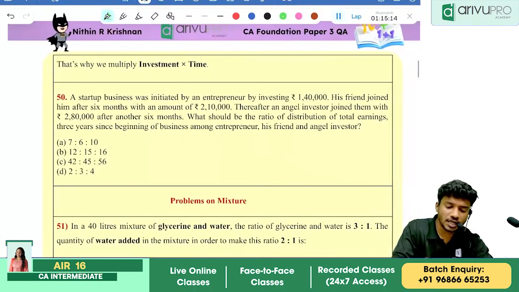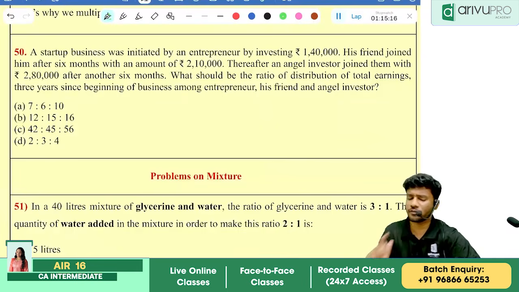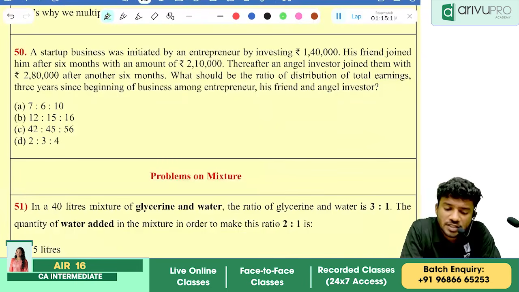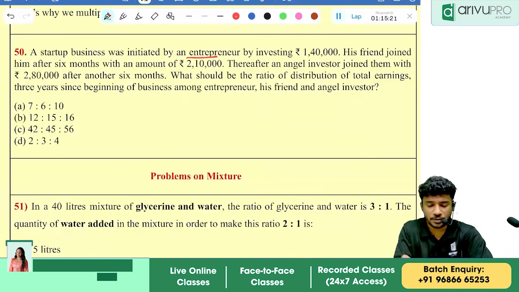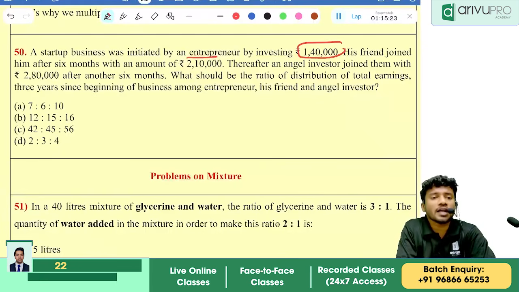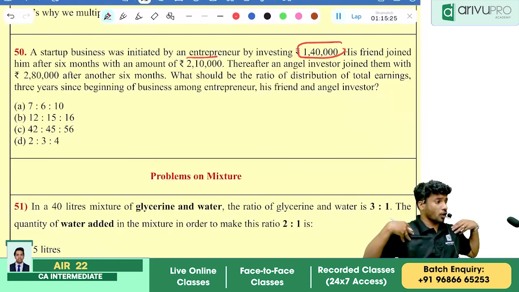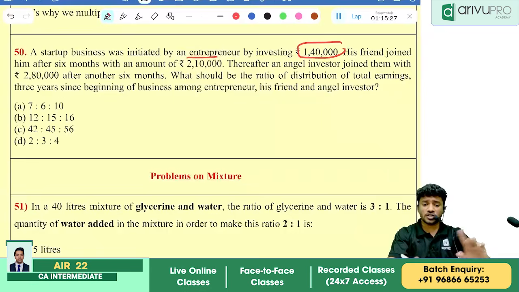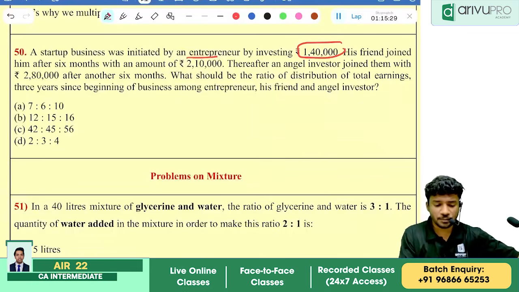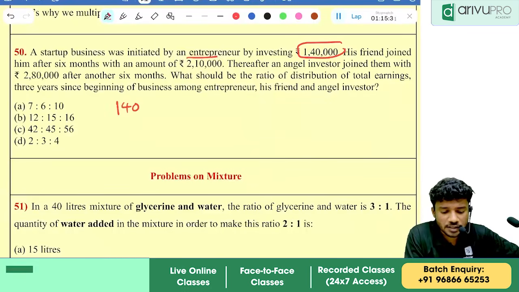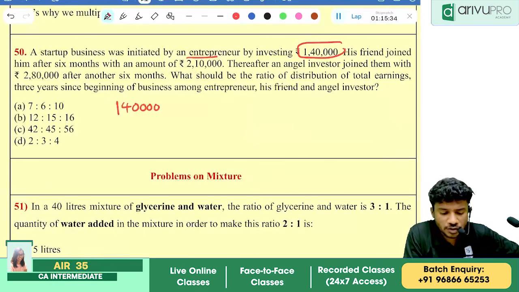Look at the first question asked in September or May. A startup business was initiated by an entrepreneur by investing 1,40,000. For example, I am the entrepreneur. I invested 1,40,000.